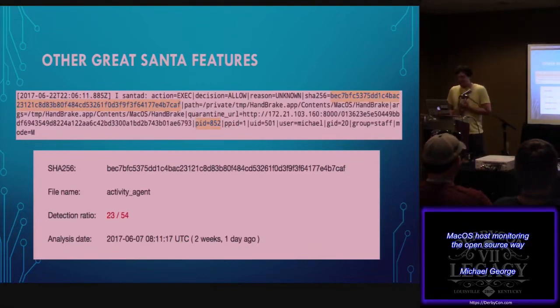Another thing that's really cool about Santa is it includes a quarantine URL. A little known feature: if you look into the data structure of files on the hard drive, you can see where it was downloaded from, especially if it was downloaded from the internet. It works for HTTPS as well. On this one, it was downloaded from a local server I set up just so I could transfer the malware to the system.